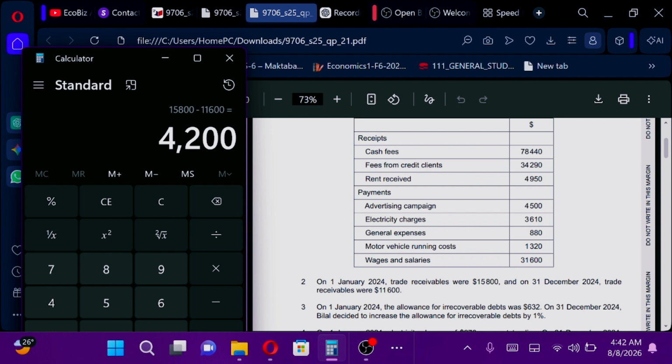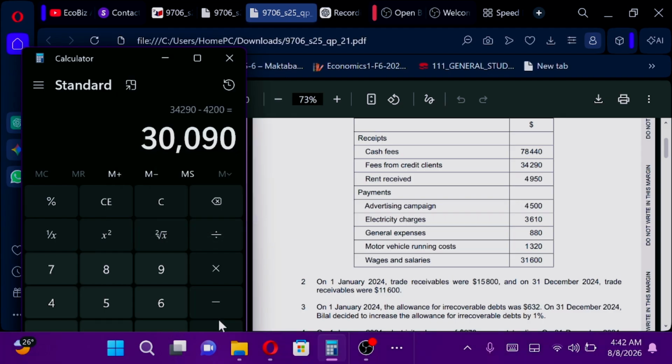Therefore, they owe us. They need to pay us money. Hopefully you understood. So we take 34,290, because the credit transactions, we always less credit transactions. 34,290 less 4,200, we get 30,090. Now this amount, we have to plus it with the cash fees to get the total fees, which will be our receipts for this question.